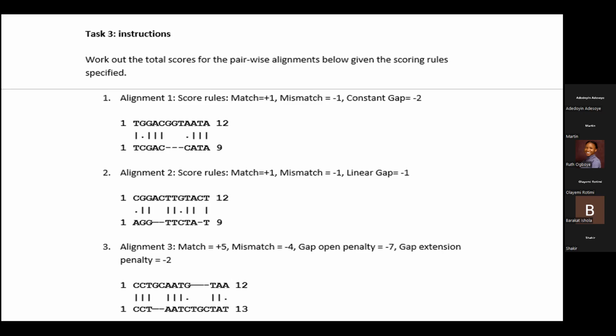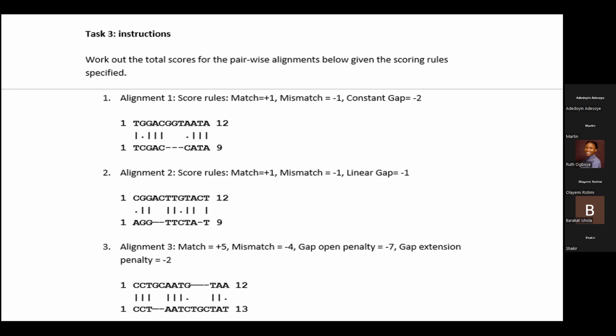Let's just do it. We'll start by calculating the number of gaps we have. So gap equals, we don't have any opening gap here because every gap that we have is extending. Like I said earlier, opening gaps are gaps that start a sequence, and we don't have any here. Each of them is extending into the sequence, not opening it.